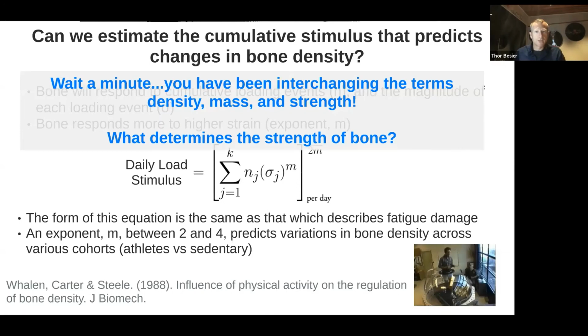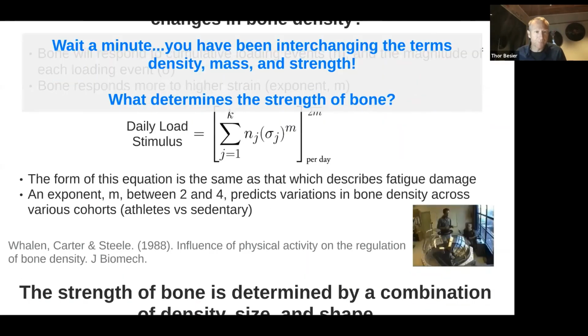So those of you who are astute in the audience might note that I've been kind of interchanging a few terms here in terms of the changes and adaptations that occur in terms of density, mass, and strength. And so it's important really to understand what actually determines the strength of bone.